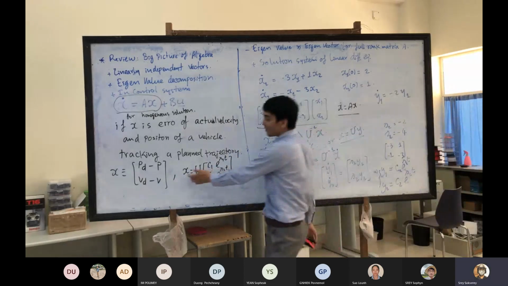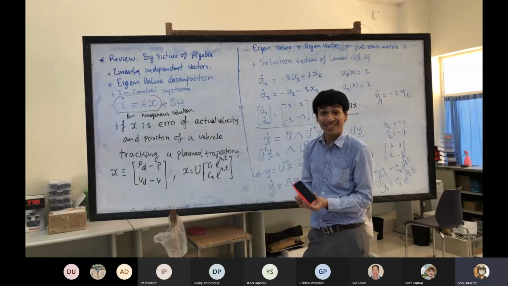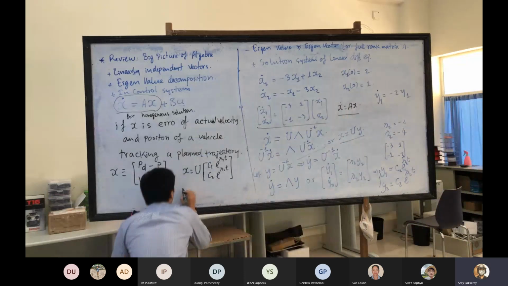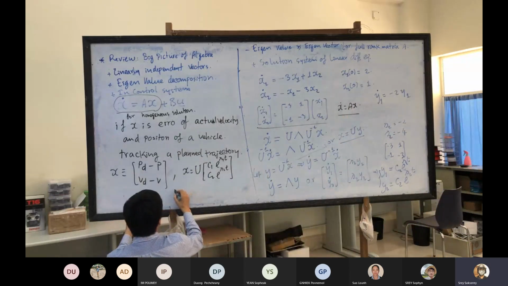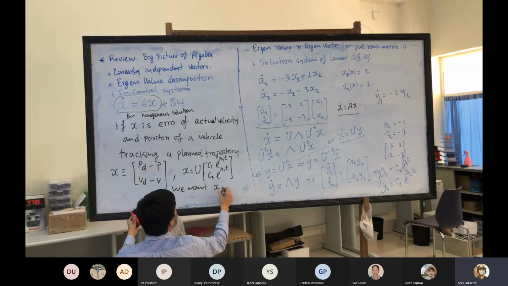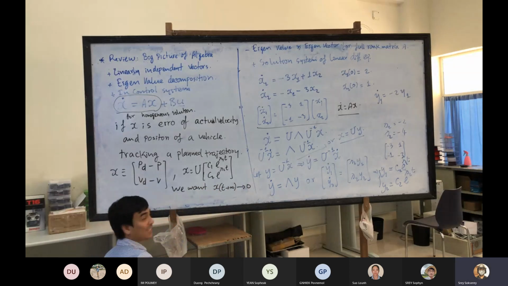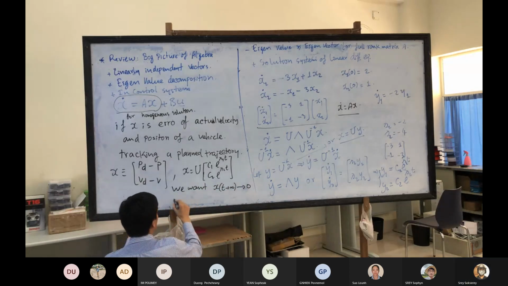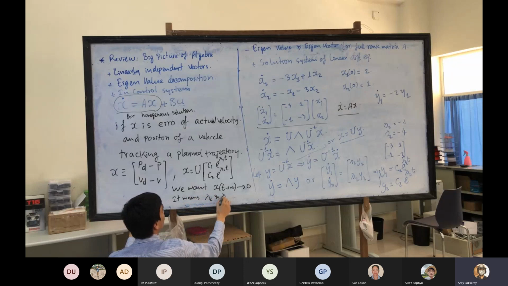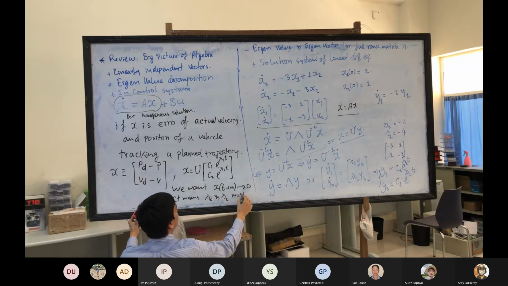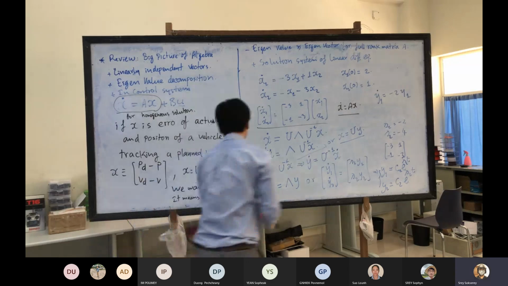If you want x to go to 0 when t goes to infinity, we want x of t to go to 0. It means lambda 1 and lambda 2 must be negative.